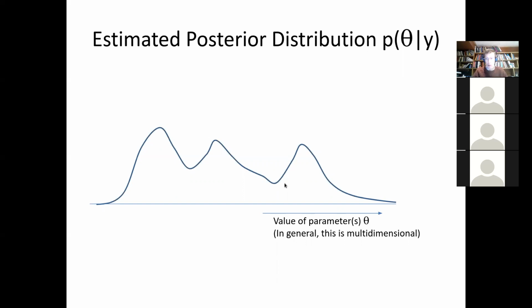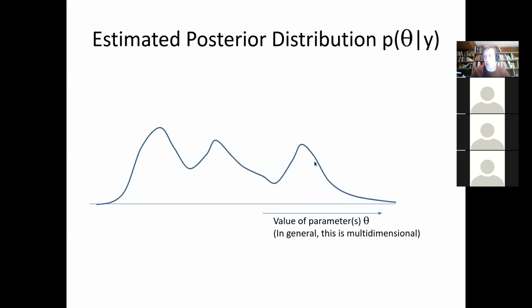Instead, what we're going to do is very pragmatic. We're going to draw values from it. We're going to sample from it so that the regions that are more likely will get many, many samples, and those that have low probability will have few samples. And if we do a histogram of those values that we draw from it, we should see something like this.